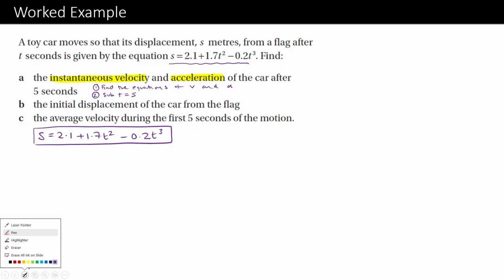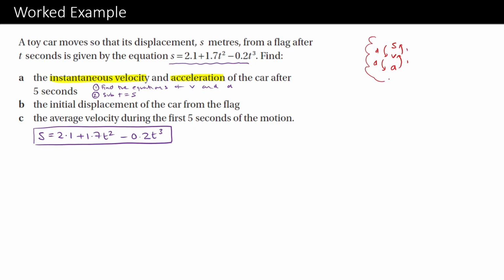Now, as mentioned previously, a good way to start these questions is to start by writing S, V, A. And to get to each of these, I need to differentiate, and to get from each to the value above, I need to integrate. And that's just going to be in the back of my mind if ever I need it. So back to this question.